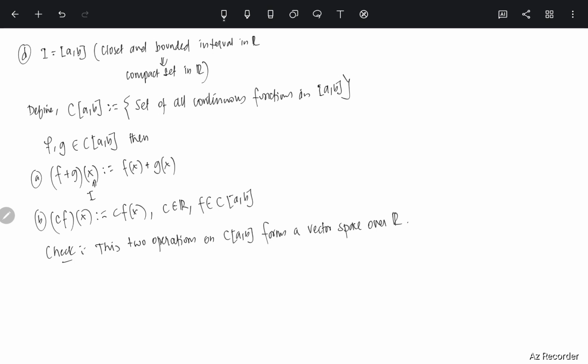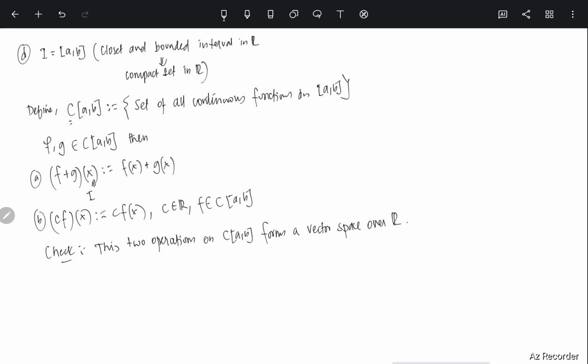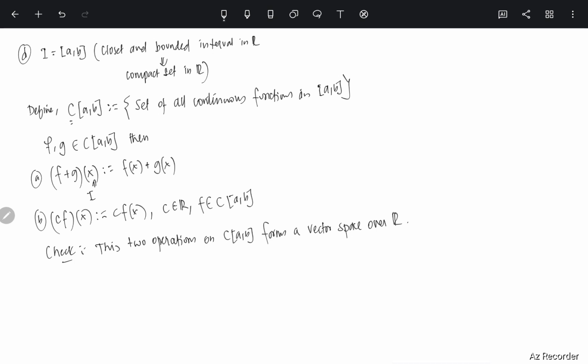You do realize that C[a, b] is a set of all continuous functions on [a, b], and I'm saying that any element of this set is a vector. These are actually continuous functions, but we are calling them vectors, since this satisfies all the properties of a vector space.